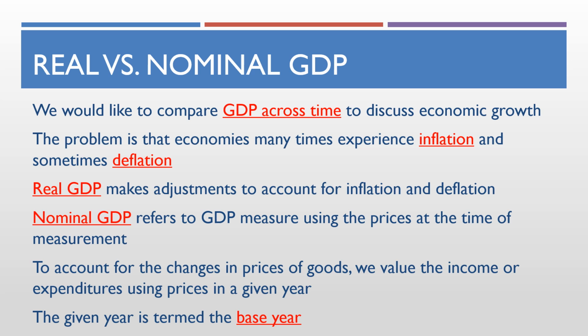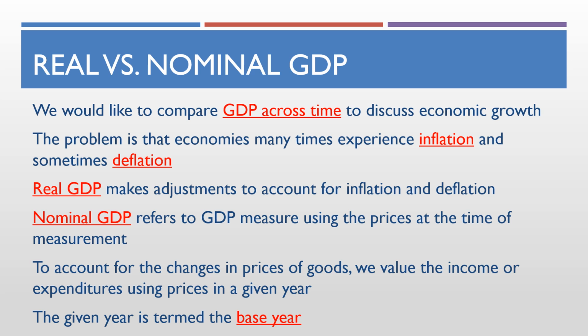To make that happen, we have to first consider a year that we want to set the price level for our measurements, and then we just keep that price level across time periods so that we can fix the price across different time periods without worrying about the prices changing from one to another. So we call this a base year, right? In order to measure the real GDP, we have to set a base year for the price that we are going to use to calculate the market values of goods and services.